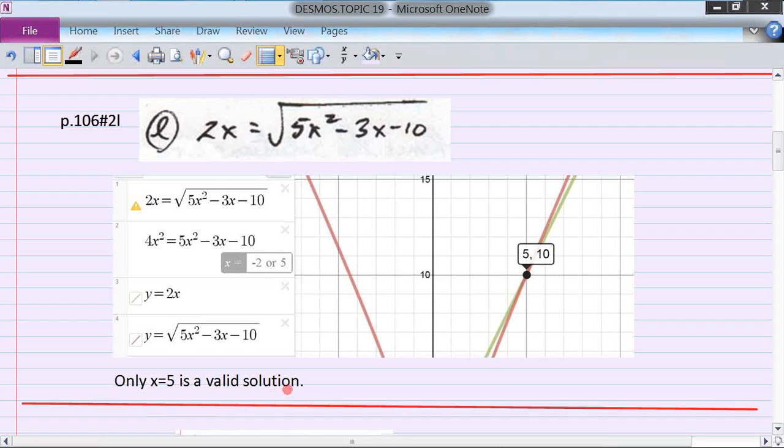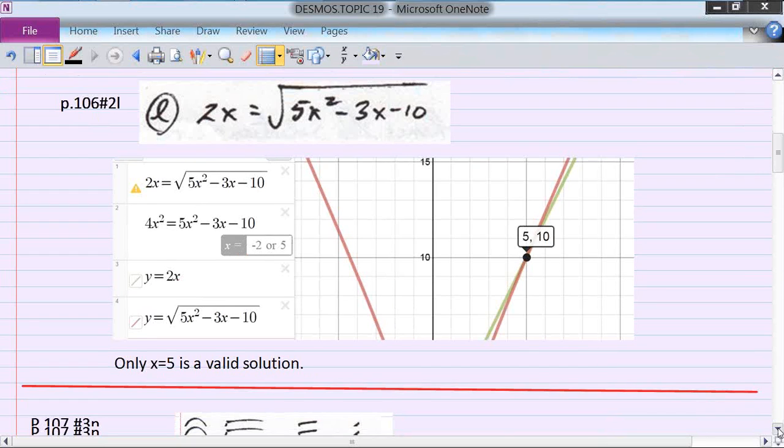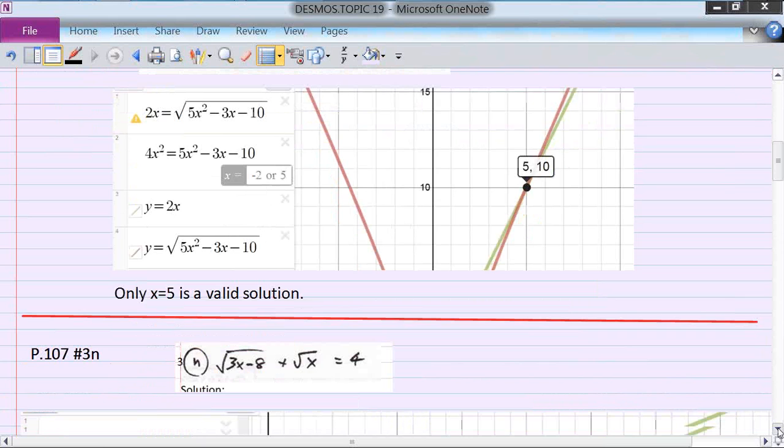So x equals 5 is a valid solution. We previously discussed this. So this solution doesn't work when we put it back into the equation, but this does. So we can see that we can get the solution either graphically or by calculation, and it serves as a useful check.